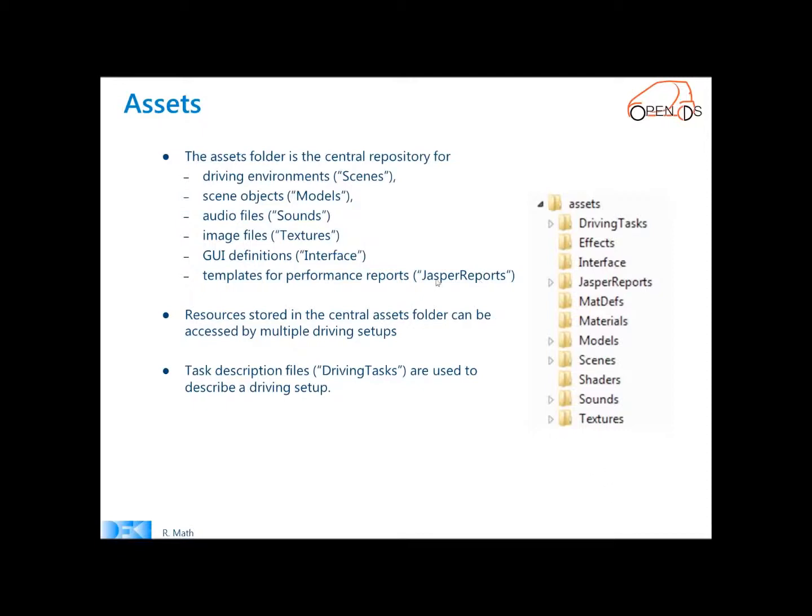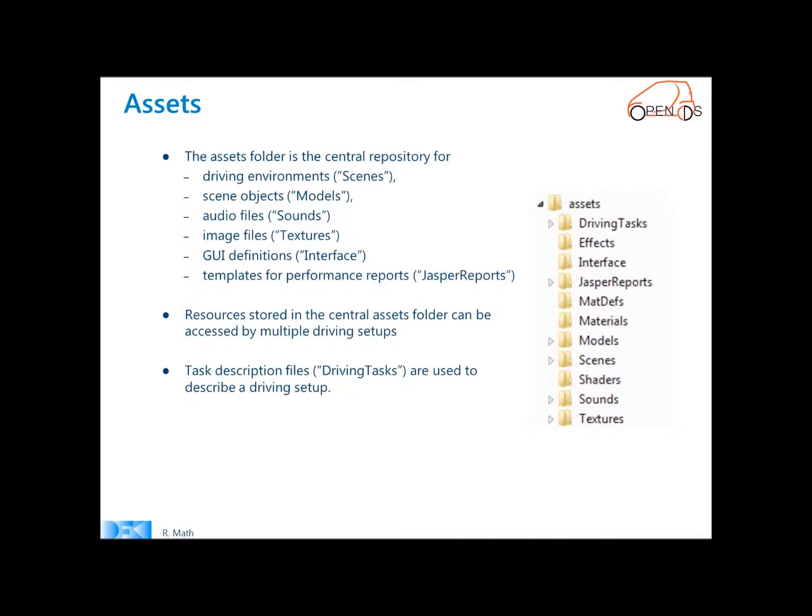And then there's another one called Jasper reports. This is where we can store definitions of how the output of some driving task will look. For example, from the experiments in the JDOME, you got this bar chart of the reaction times at the end, and these templates will be stored in the Jasper reports.